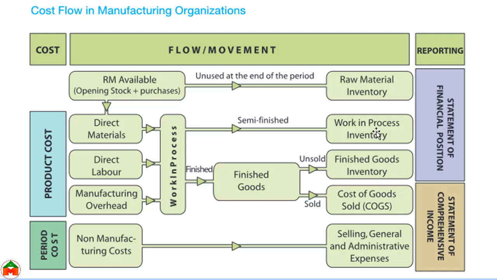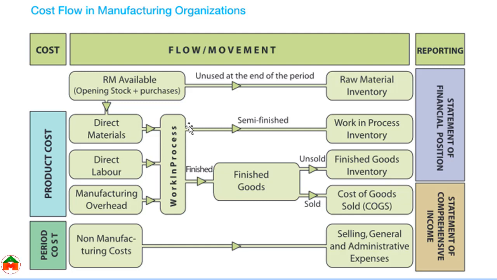These three items should be reported or shown in the statement of financial position. On the other hand, cost of goods sold and selling and general administrative expenses should be reported or shown in the statement of comprehensive income.